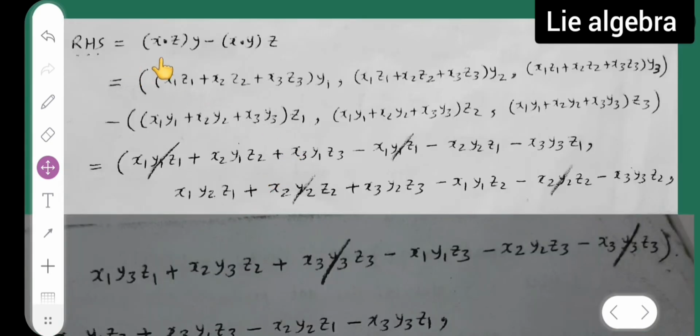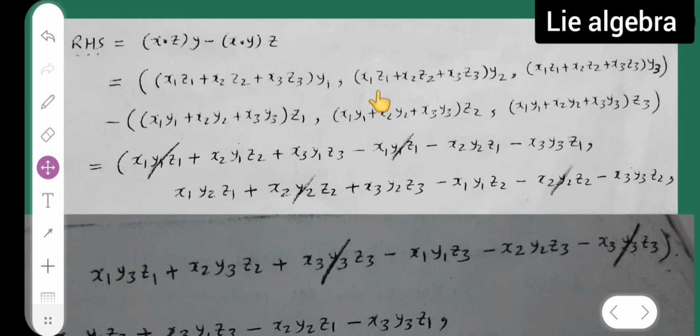Now the right-hand side of yours is equal to x into z. Now how am I going to write this part? As (x1 z1 + x2 z2 + x3 z3) outside the bracket you put y1, comma. Now this in terms of R3 I have to write, right, this part only for this.